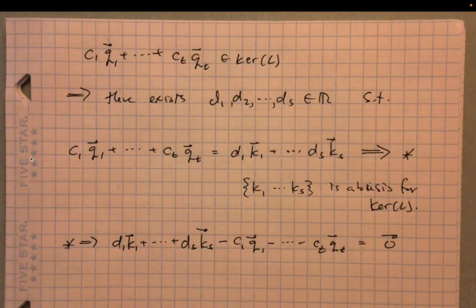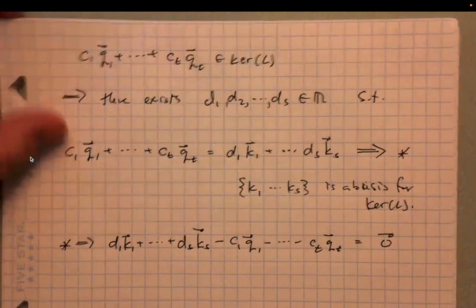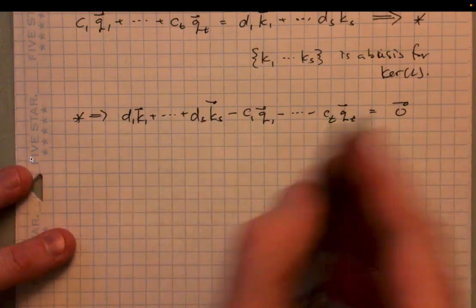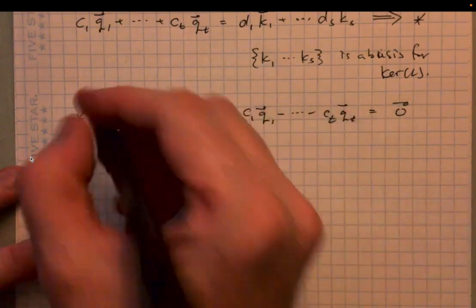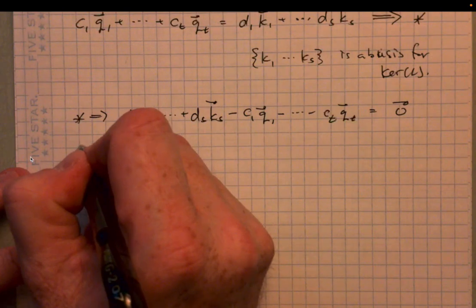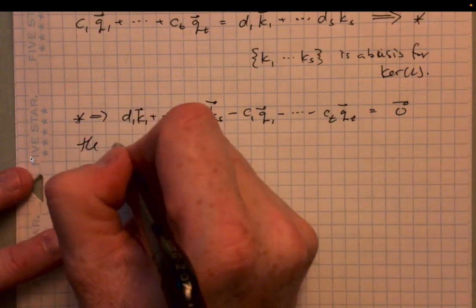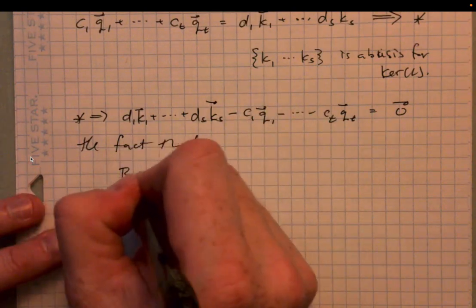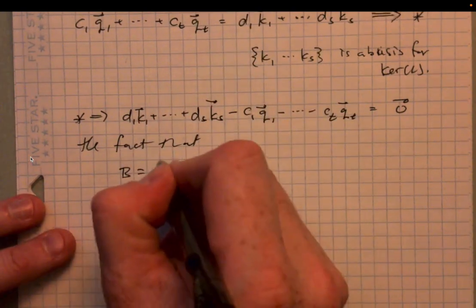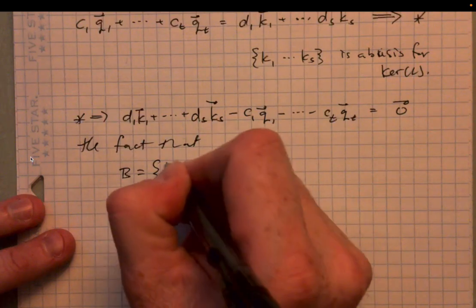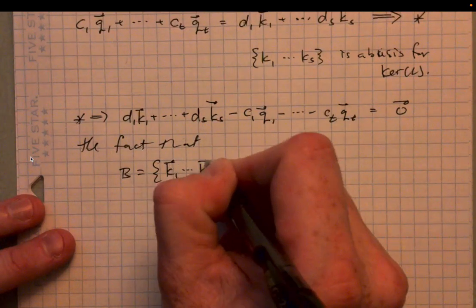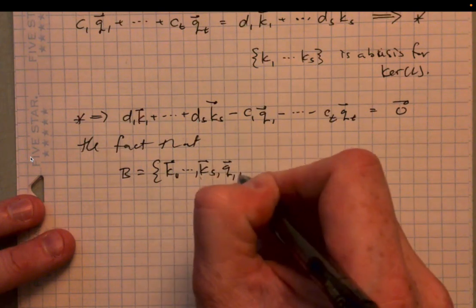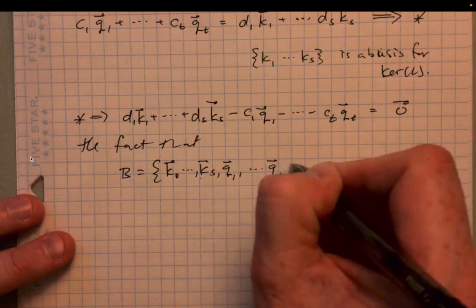Okay, but something very tricky here, so make sure you catch this. I'm going to write it very, very explicitly. So this here, combined with the fact that there's a basis for the kernel, K1 dot dot dot KS, and, okay, hold on, Q1 dot dot dot QT.